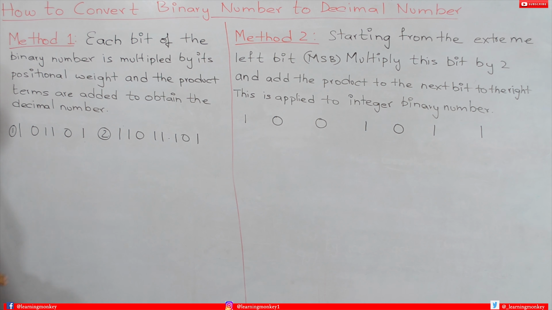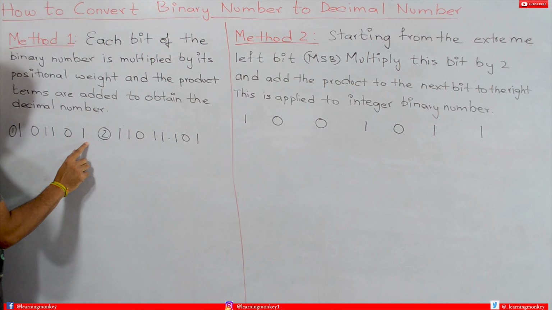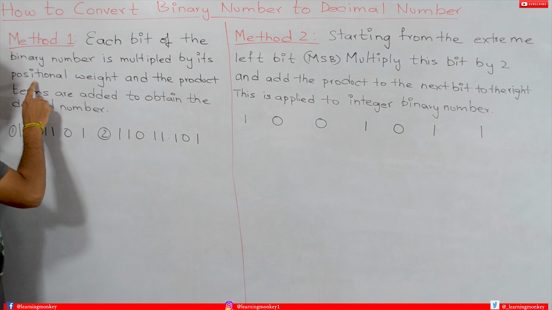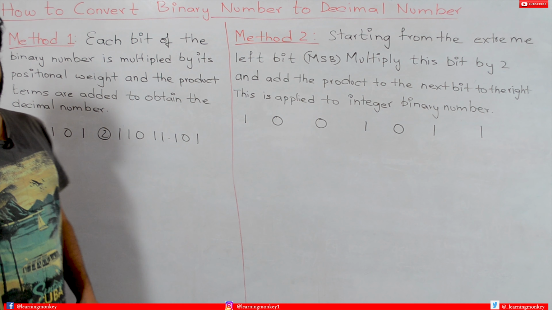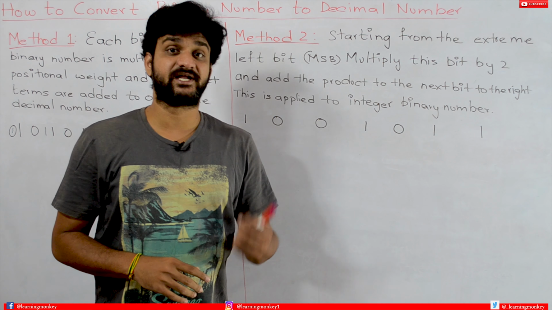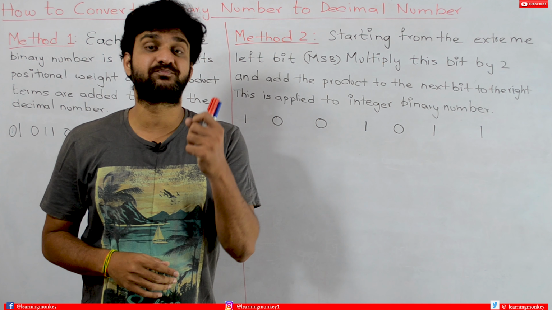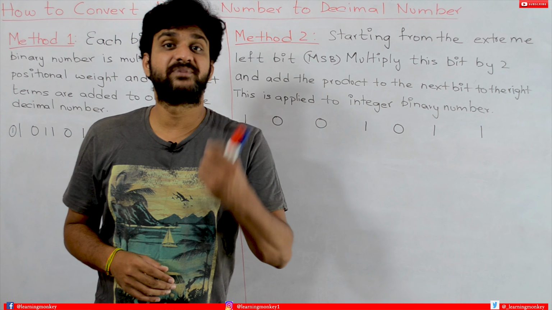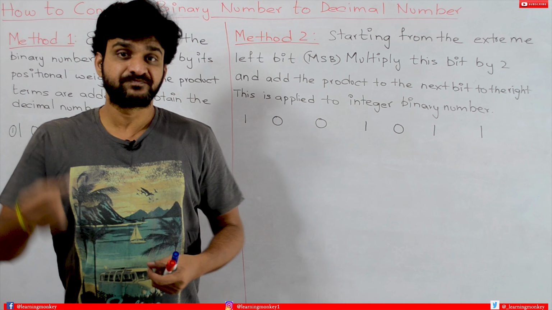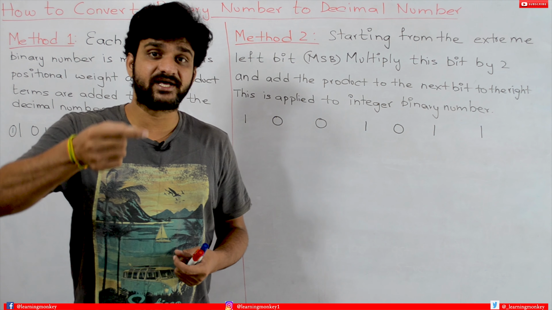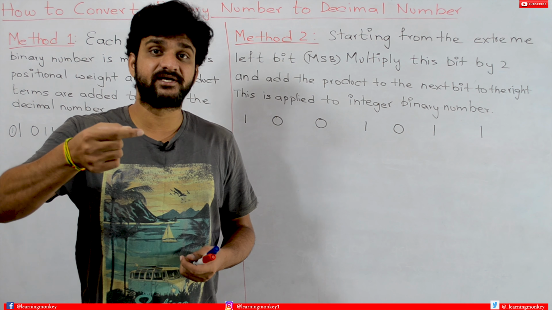So each bit of the binary number is multiplied by its positional weight. What is meant by positional weight? Every binary number is a positional weighted number system. The weight of a binary bit in a binary number depends on its position.